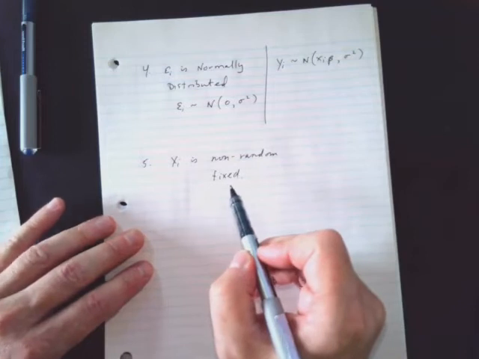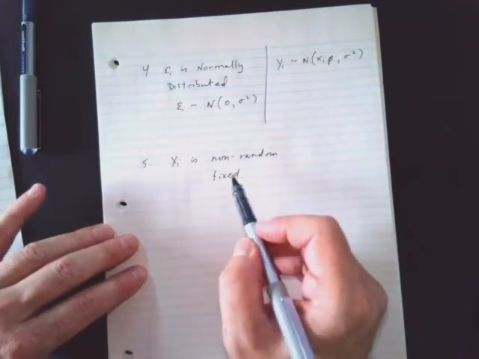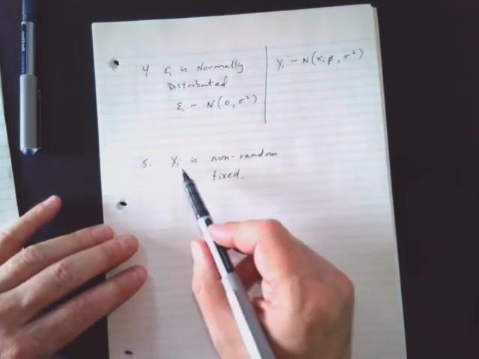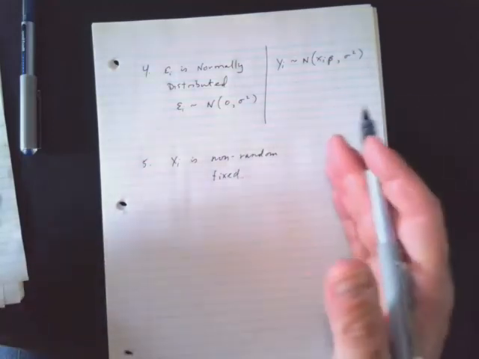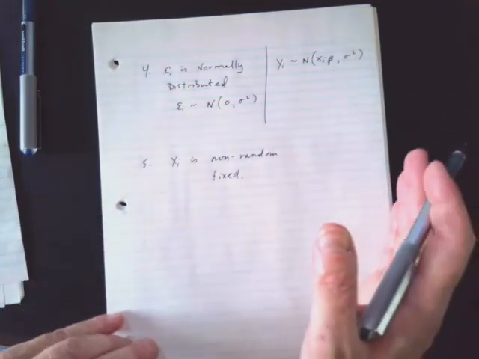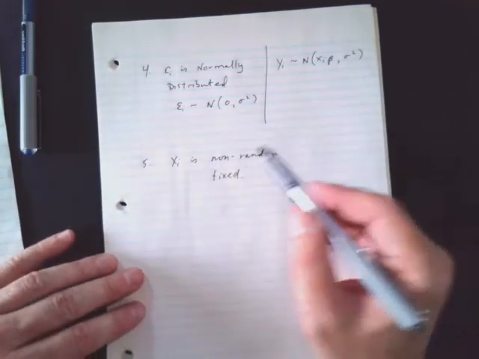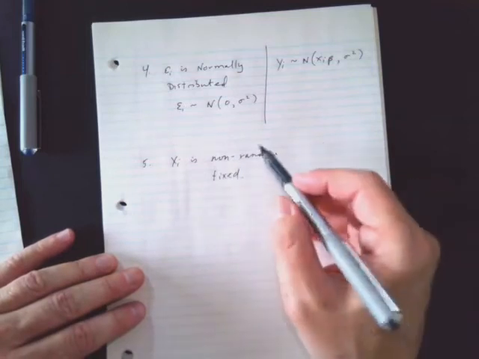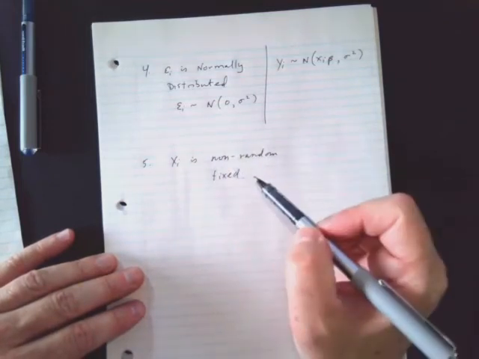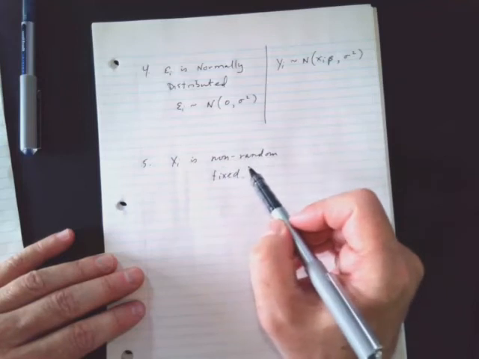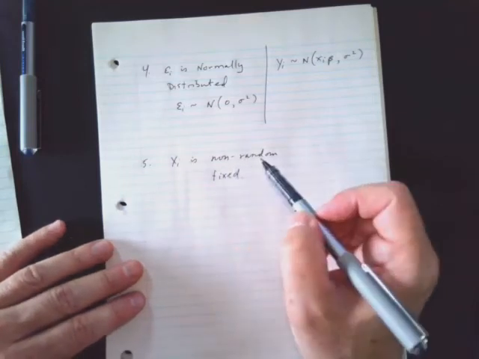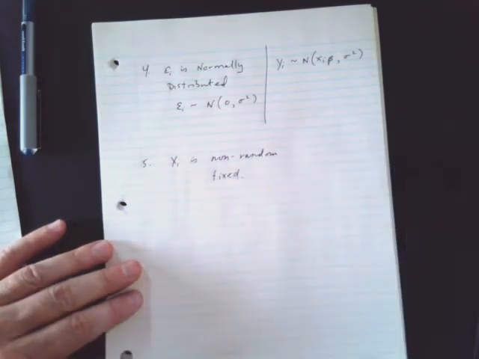Professor Koop uses the term fixed, which technically is true, so we're assuming that X is a non-random variable, so it's not following a distribution. So we can observe the exact value of X. But it's maybe a bit more intuitive to think of it as a non-random variable. So randomness doesn't enter the model through the X term.